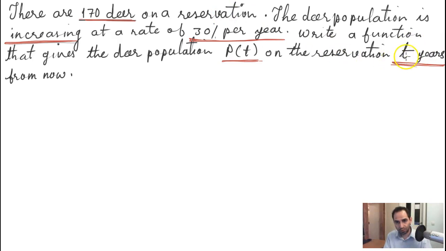So you need to make sure that if you have a 30% per year increase rate, this t is of the same unit. Otherwise you'll have to make some changes to the function so that your output is still correct. But we will get there. We will talk about that in other examples.